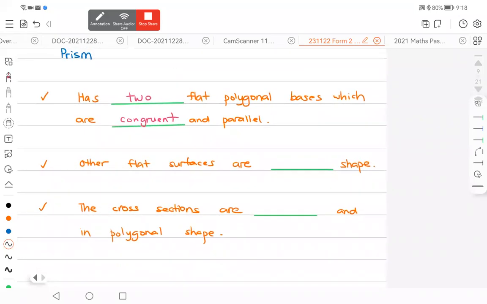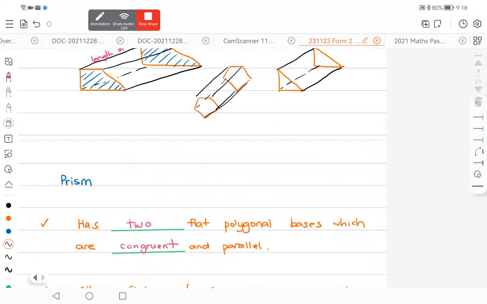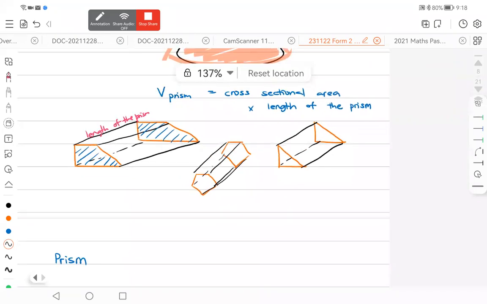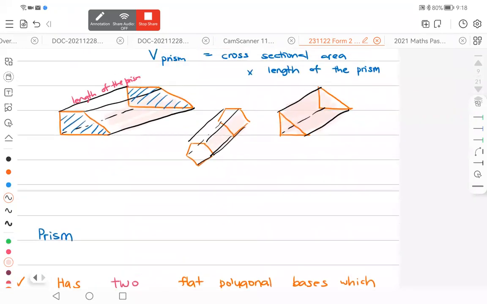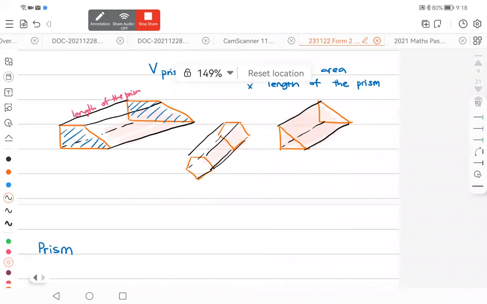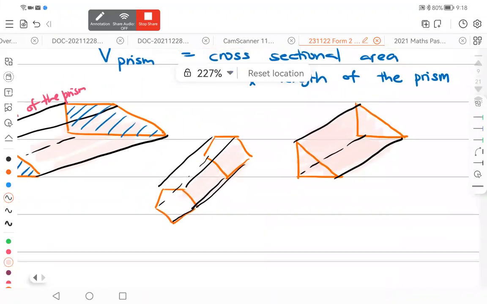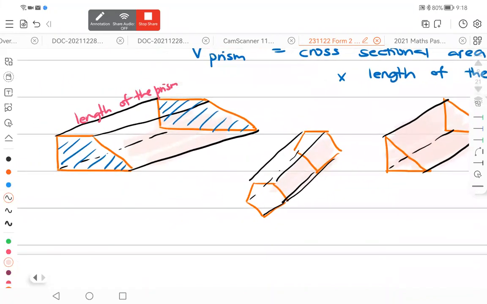Other flat surfaces. Now I scroll up again. If you look at the prism, do you know where the flat surfaces are? Here, this part, this part, this part, at the bottom, at the back. The areas are not equal unless this is the same, but other than that, it's not equal.